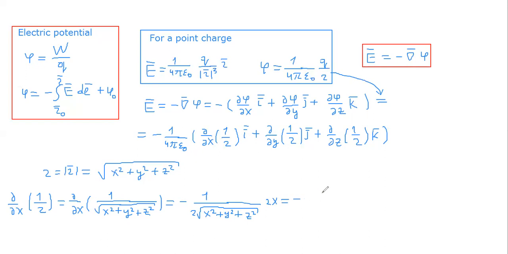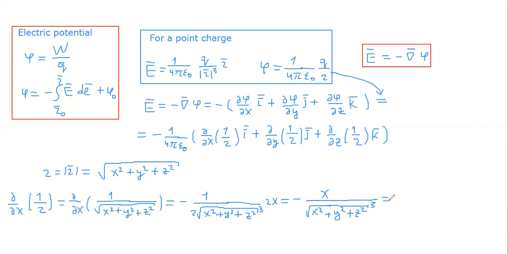We have minus x divided by the square root, sorry, here will be third order, of x in second order plus y in second order plus z in second order, in the third order.